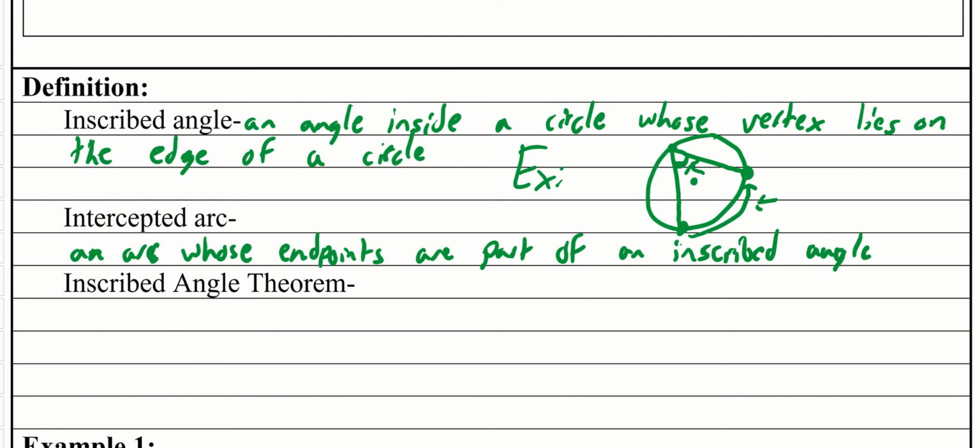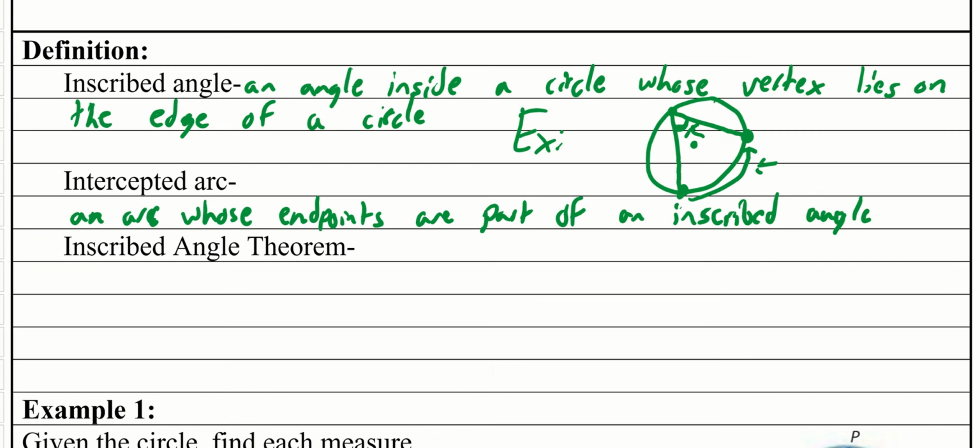Okay, so we have two different things that we can see there, and this is helpful because we have a relationship between this angle inside the circle and the arc on the outside. And this is what we call the inscribed angle theorem. Okay, so the inscribed angle theorem says this.